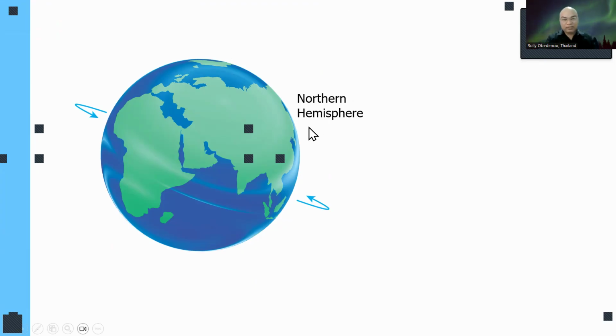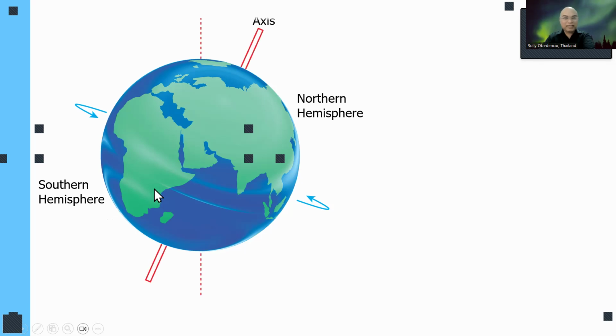This is the northern hemisphere. This is the rotation of the Earth. And this part is the southern hemisphere. Look at that. This is the axis being tilted. All right. And this is the 23.5 degrees tilting of the Earth from its axis. Okay?